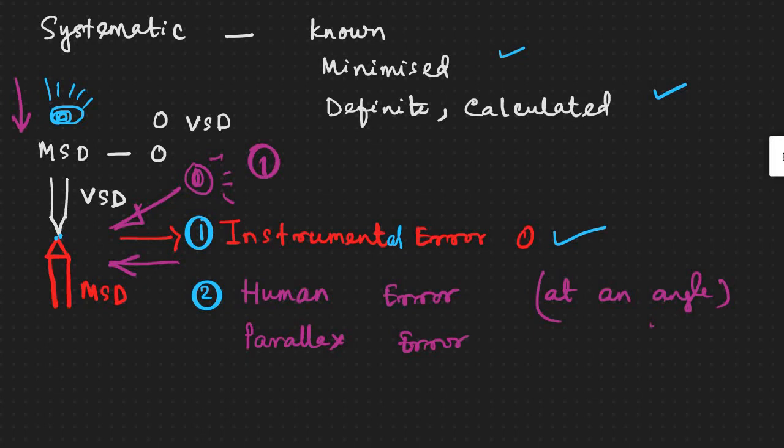I also discussed parallax before in the previous videos. You can refer to that. Parallax is actually when two points seem to be coincident at one point, but actually they are not. That is called parallax error. Then we will move over to personal error or human error. I have already said. Now how to correct them.